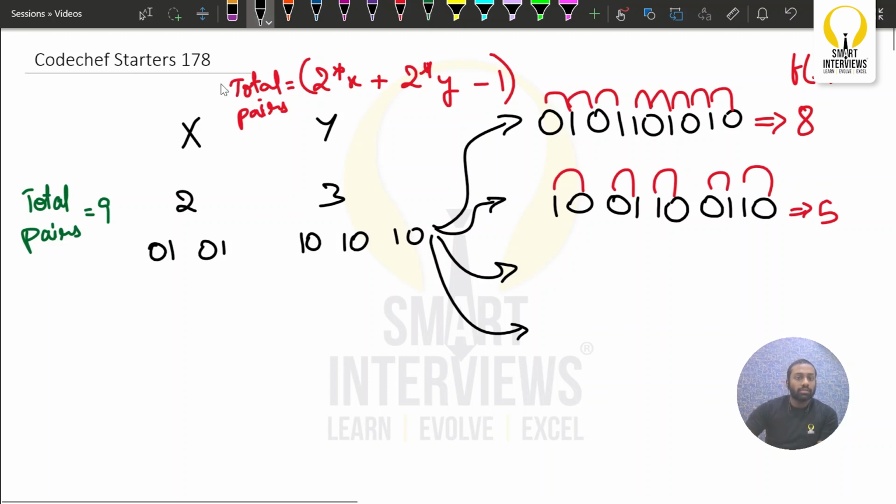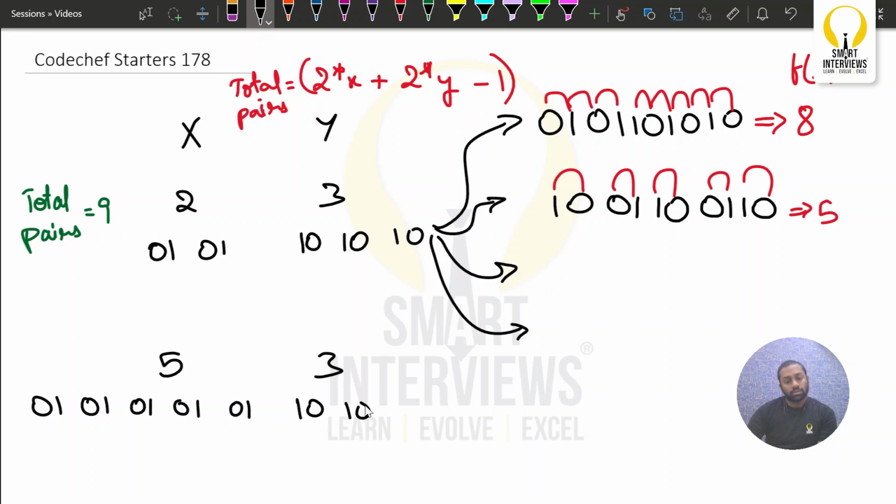But what if it is, for a change, 5 3, that is 5 01 strings and 3 10 strings? If this is the case, I still need to try alternating. Now for these three strings, how many strings do I need to make it alternating in nature?